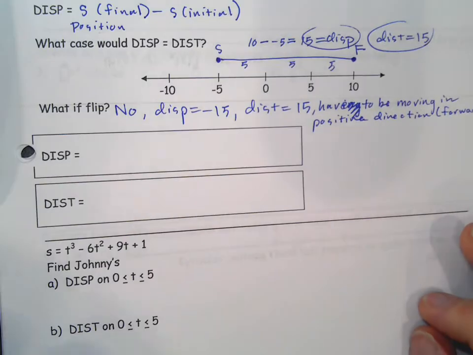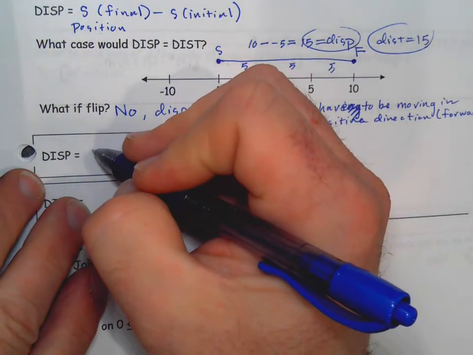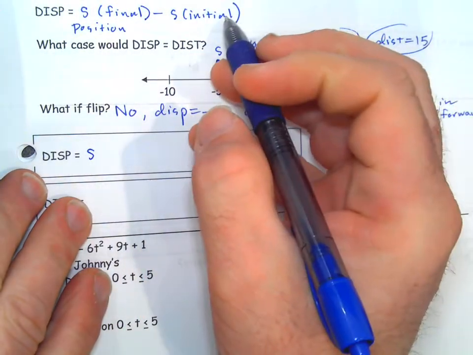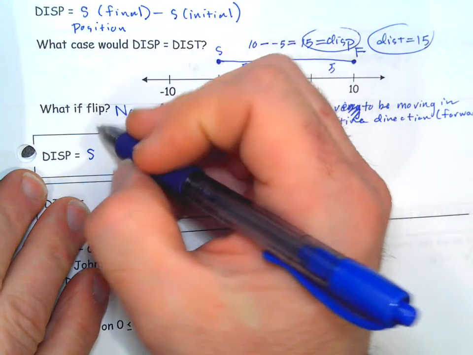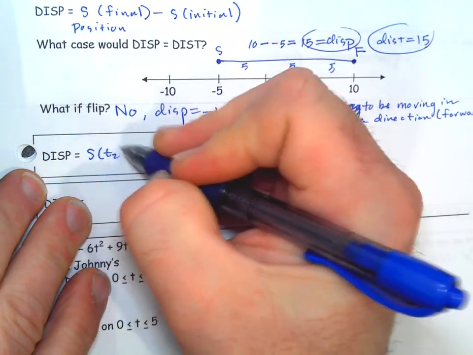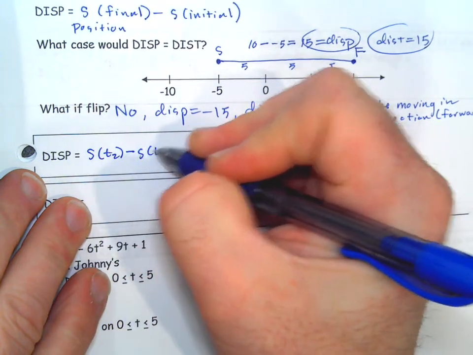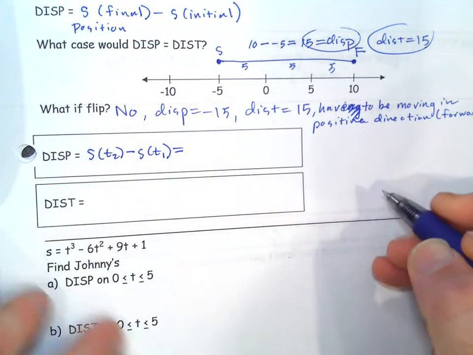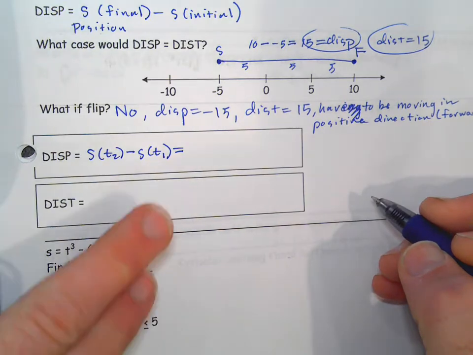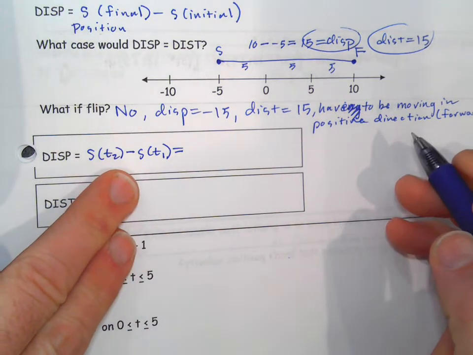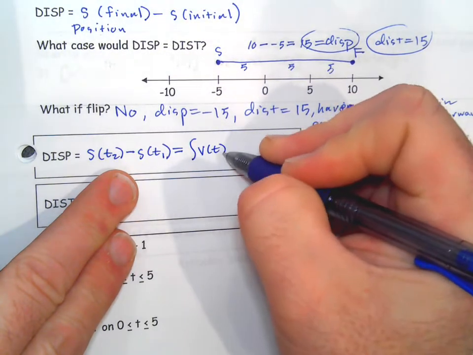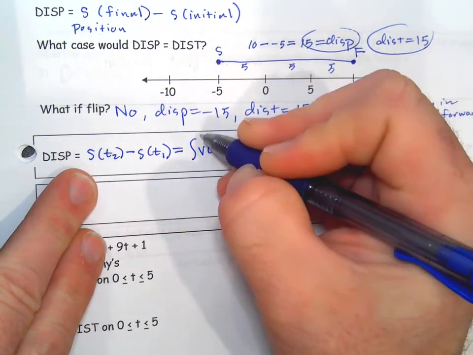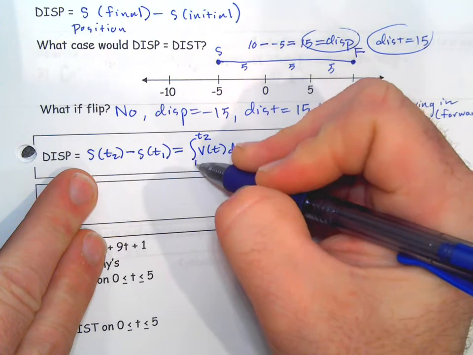Okay, let's see if we can start to finalize this more. Instead of final time and initial time, we'll say time 1 and time 2. So it's going to be position at time 2 minus position at time 1. Hopefully some of you are thinking that kind of makes me think of what we get when we integrate things. If we were to integrate velocity, we would get S, and then we'd plug time 2 in first and then minus time 1.